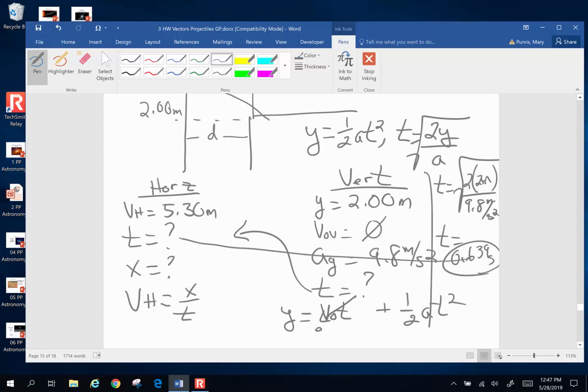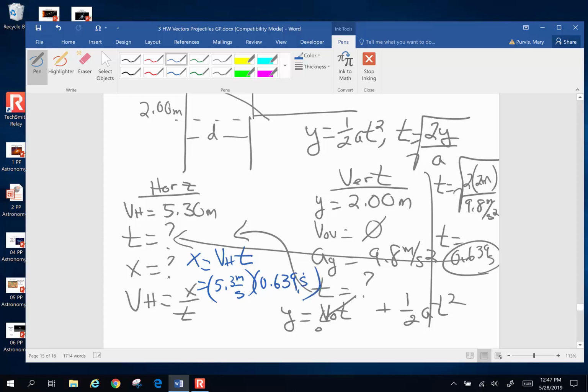I can plug that in over here, and then x is going to be horizontal velocity times time. Horizontal velocity for good old Jason was 5.3 meters per second times 0.639 seconds.